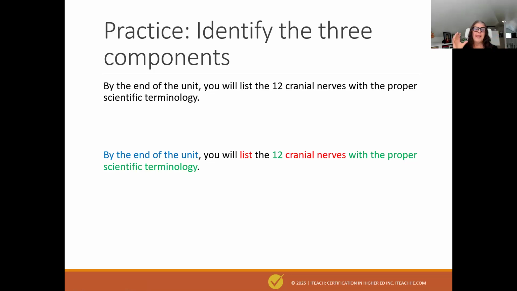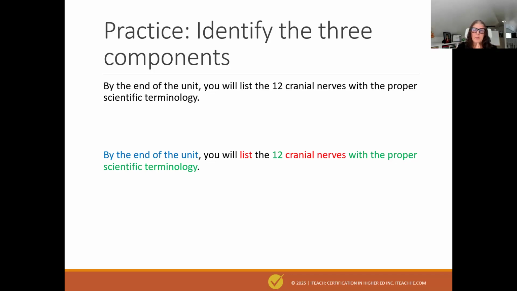So that's the number. And then the proper scientific terminology, right? So it can't just be with the terminology, you want to make sure that you're specific, that it is the proper scientific terminology. So students know it has to be exactly that. It has to be exactly 12 and exactly what they're doing.